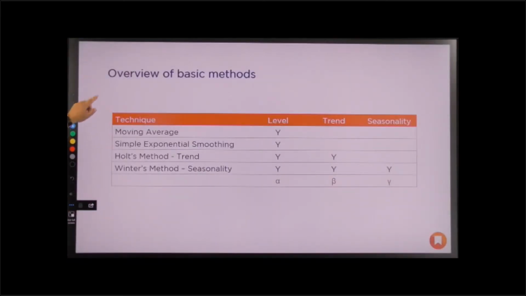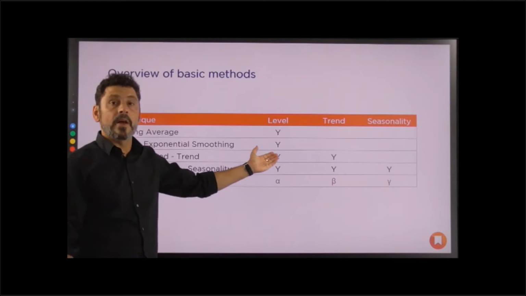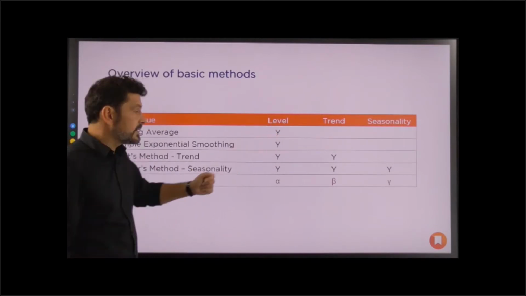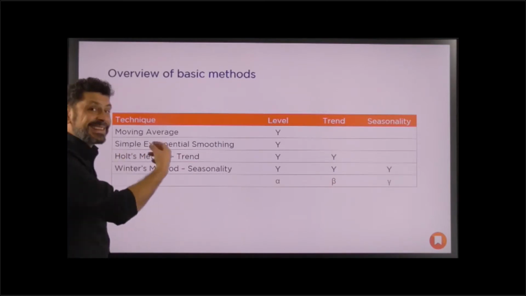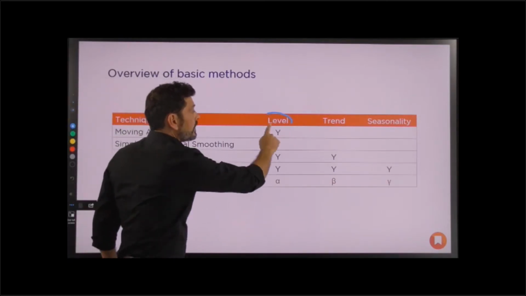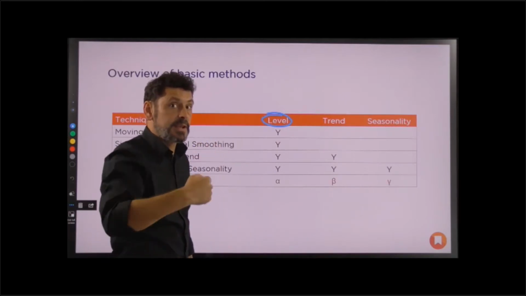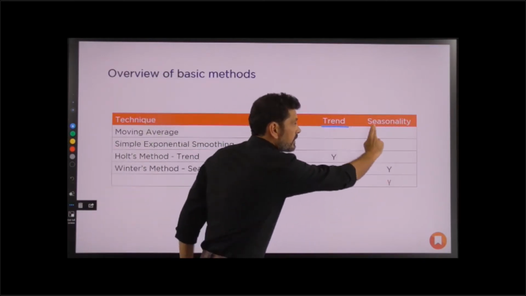Basic methods. Moving average, we saw that it only gives you a level. Simple exponential smoothing, we saw that it only gives you a level forecast. We can extend these kinds of methods with an additional factor, because we were only looking at that level, but we saw before with the decomposition that there's also something like trend or seasonality.